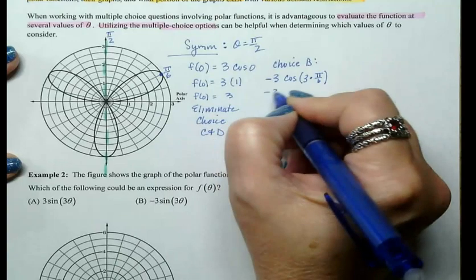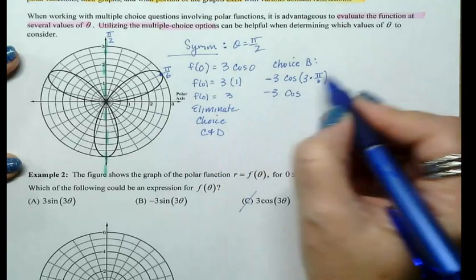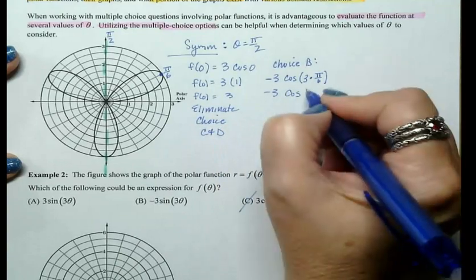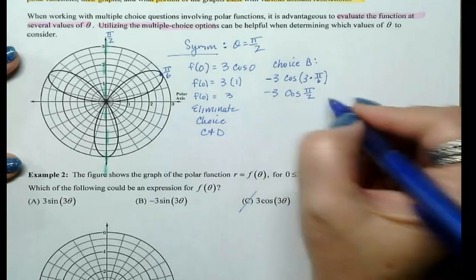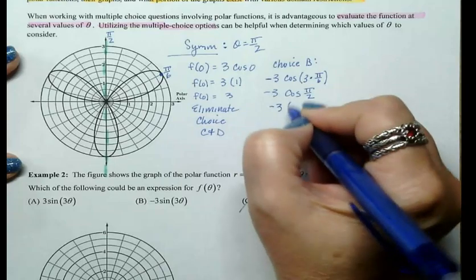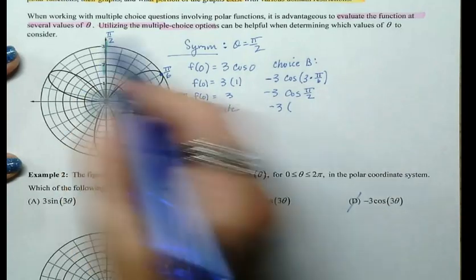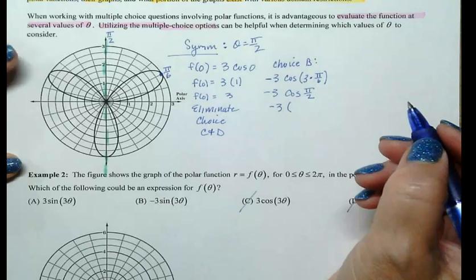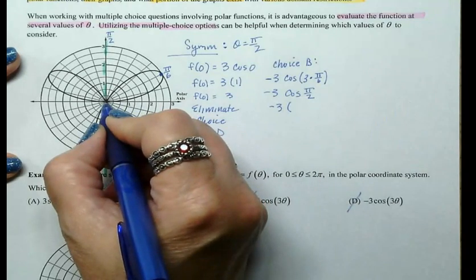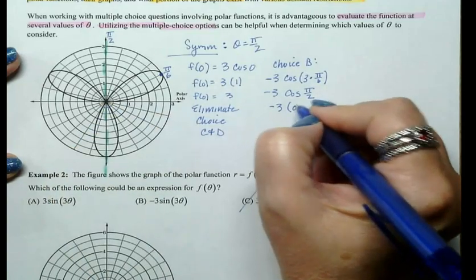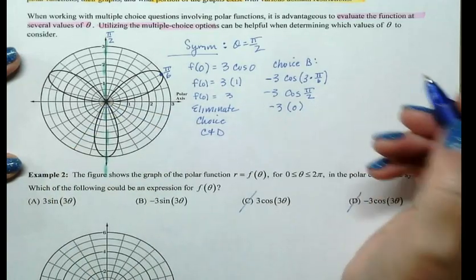So that's going to be -3 cosine, and 3 times pi over 6 is going to be pi over 2. So then I evaluate cosine at pi over 2. So -3 times cosine at pi over 2, what's going to happen there? At pi over 2, cosine is 0.